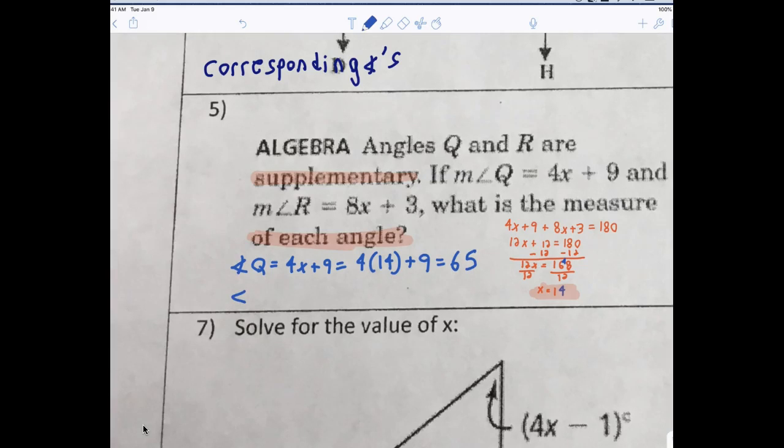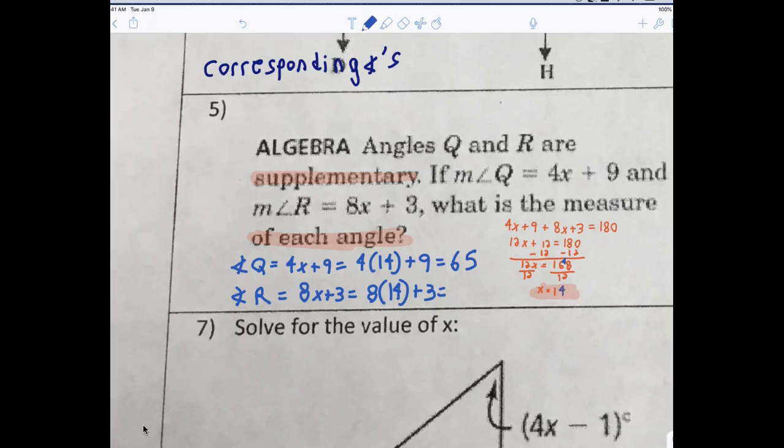Then we write underneath that angle R is equal to 8x plus 3, right? Equals 8 times 14 plus 3. Good job. So 8 times 14 would be 8 times 10, which is 80, and 8 times 4, which is 32.